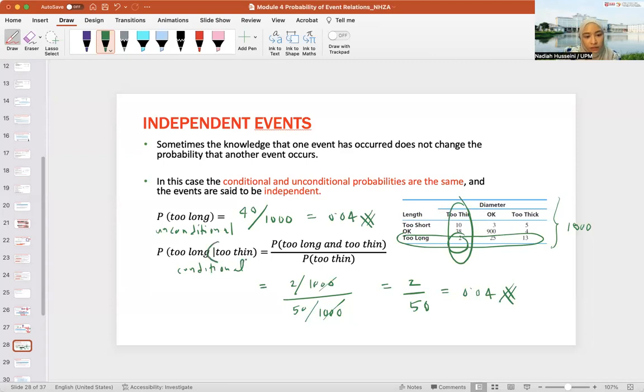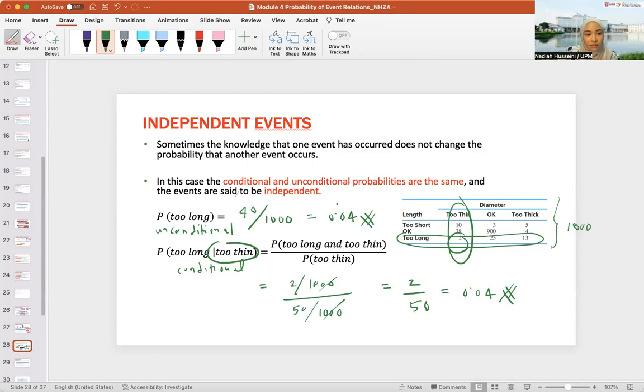We have this one over here, which means that it is conditional. Therefore, too long and too thin are independent events. Even though I know that the sample space is reduced by too thin, it didn't affect my answer at all. The answer was the same as the probability from the entire sample space, which is 0.04.